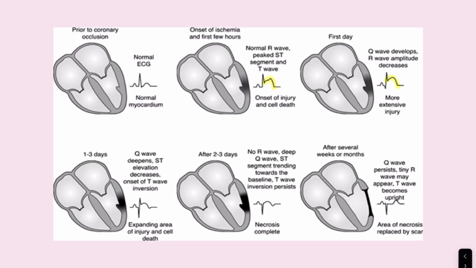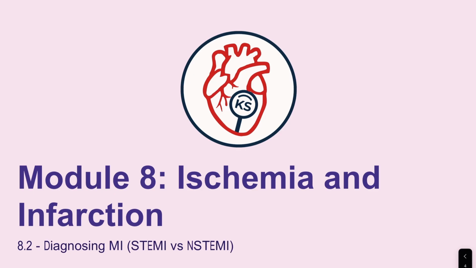The tombstone is the really classic sign for ST elevation, at its peak. And then the other part I want to point out is that this Q wave is going to persist long after, weeks or months after someone has had an infarct. And so you might be working in emergency medicine and you get an EKG and they've got deep Q waves. Well, you might want to suspect they have a heart history or something along those lines.